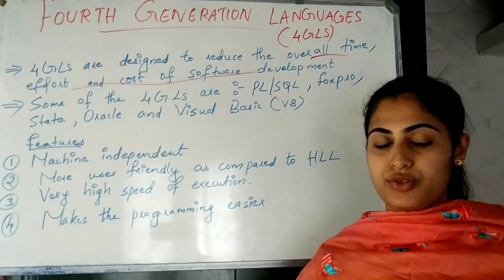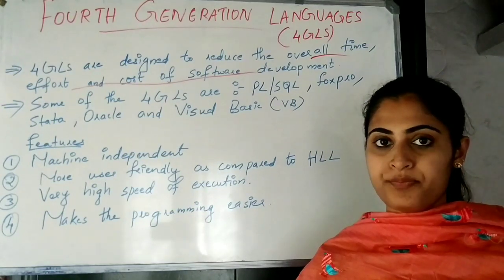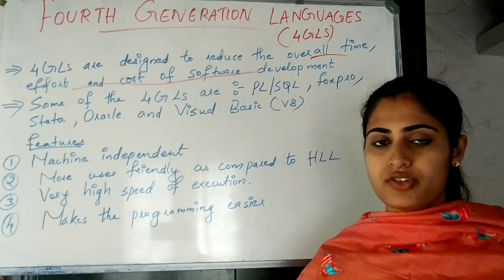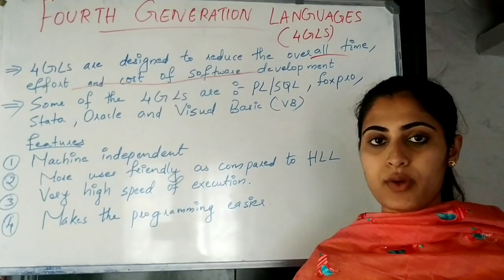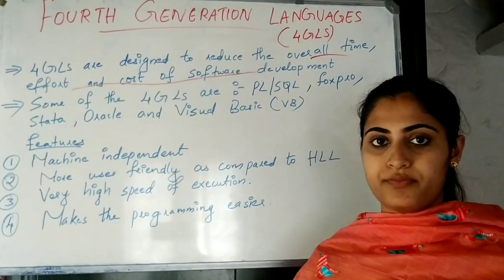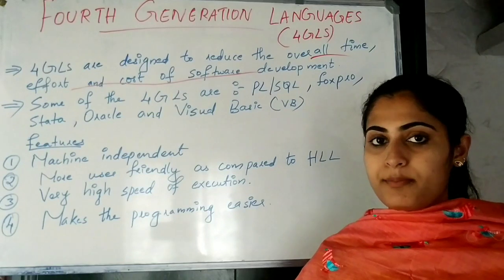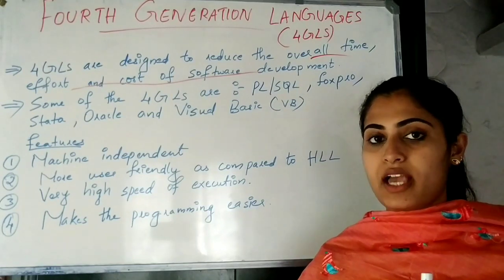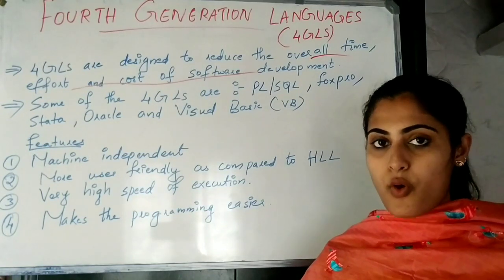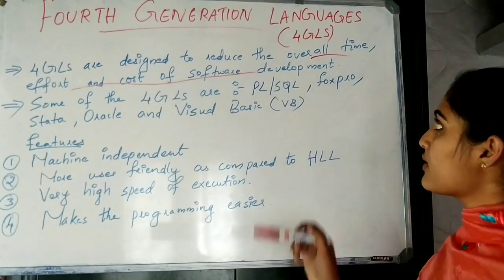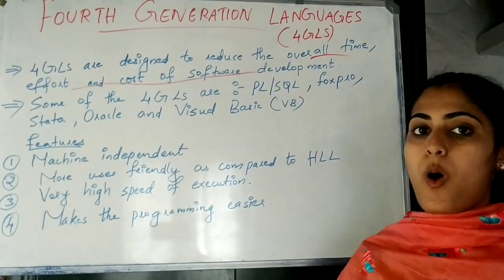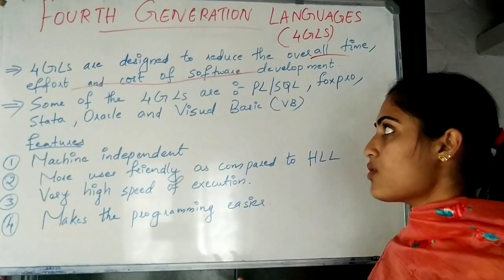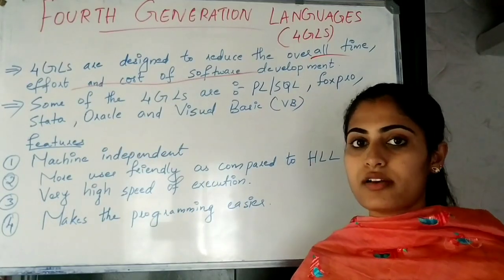It was a time consuming process. Okay. These are some of the disadvantages, and low level languages were machine dependent. So as compared to low level languages and high level languages, fourth generation languages were designed to reduce the overall time, effort and cost for software development.